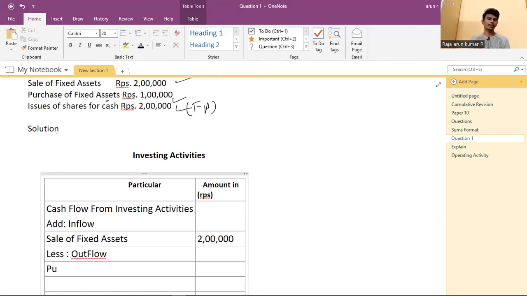In both entries we derive the cash: debit the cash means cash comes in, credit the cash means cash goes out. Purchase of fixed asset, cash goes out, so it will be less, outflow of cash, 1 lakh.